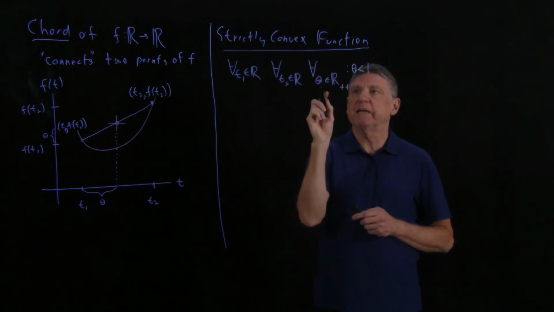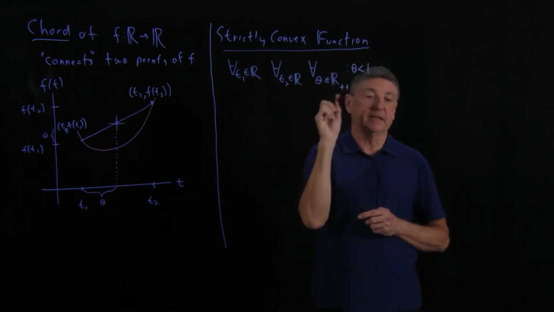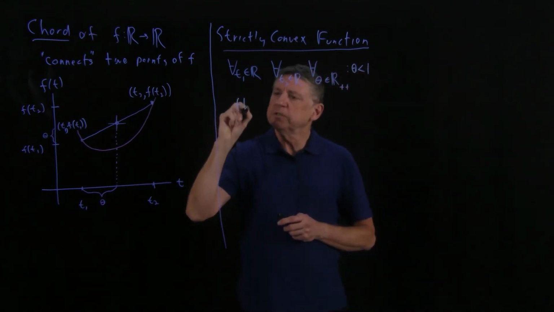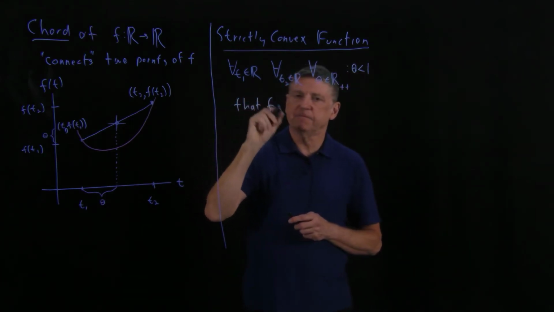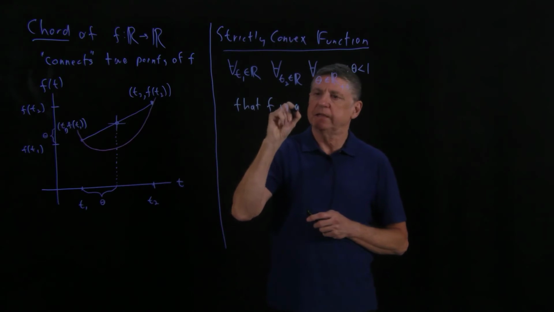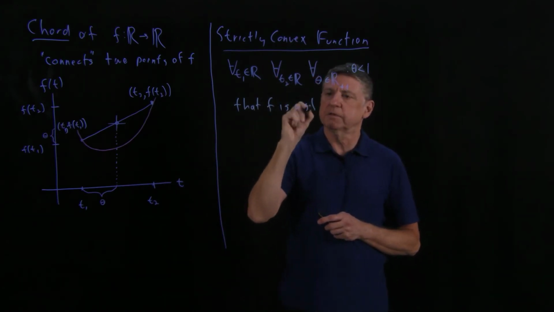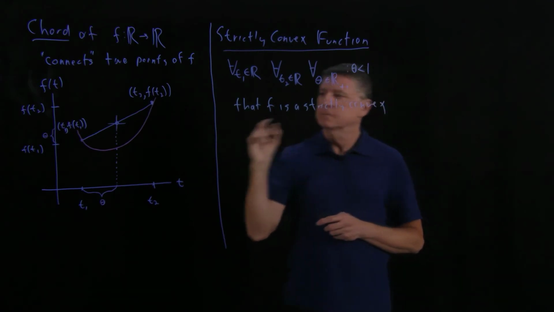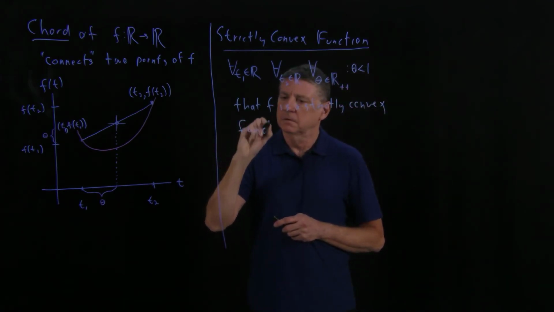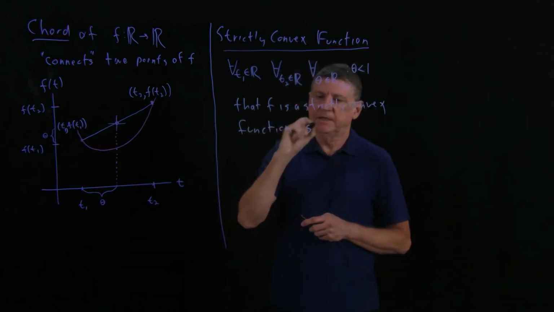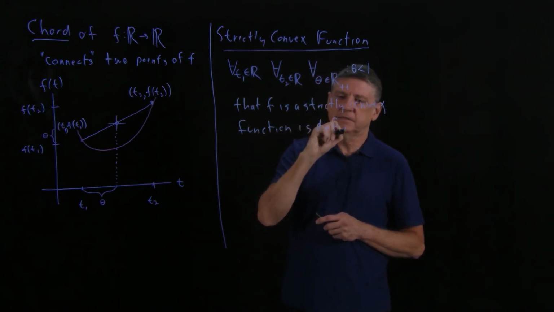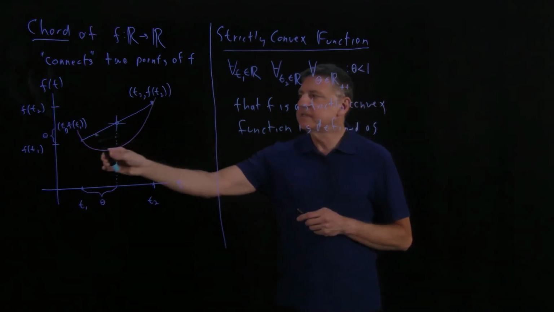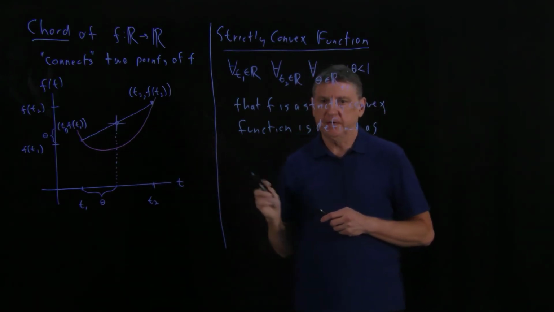So we can say for any real theta such that theta is strictly between 0 and 1, we'll say that f is a strictly convex function, defined as follows. Now we'll formally state this geometry here.